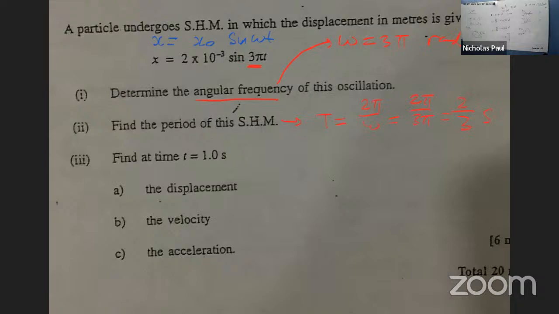Right, so what's the formula for displacement? X is equal to 2 by 10 to the minus 3 sine omega t, sorry, sine 3 pi t. That's the same formula here. So how do I get the value when t is 1?